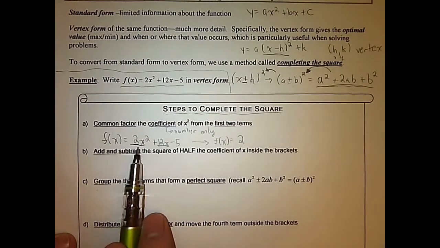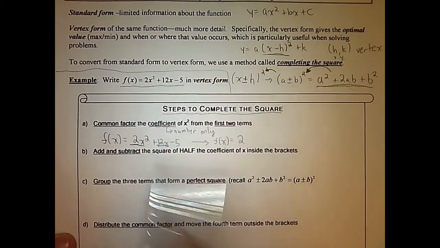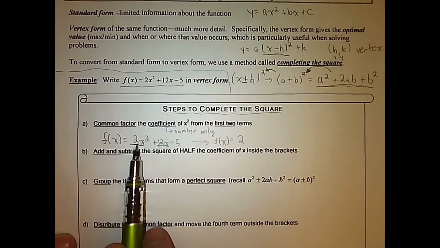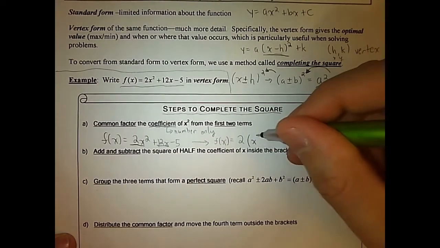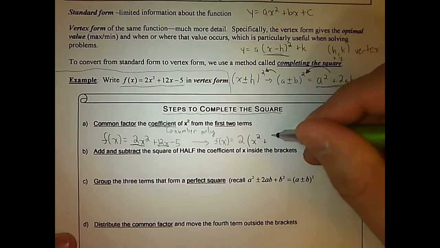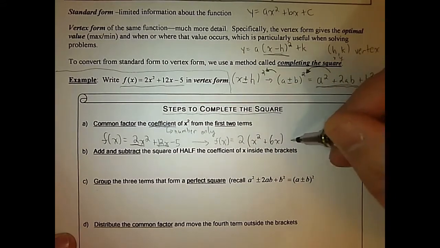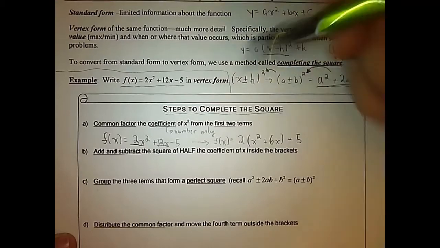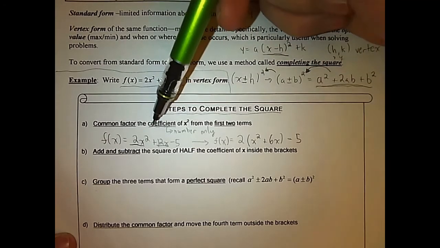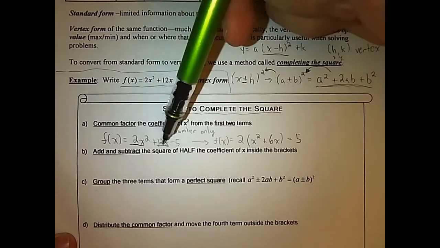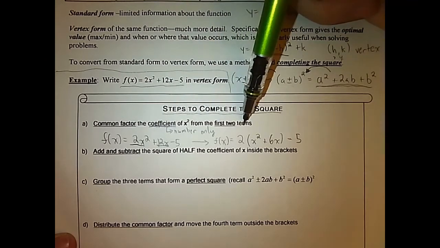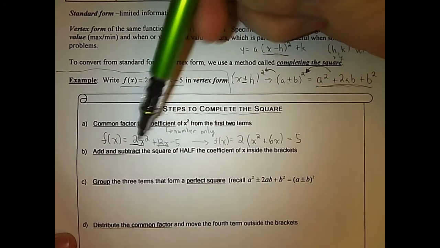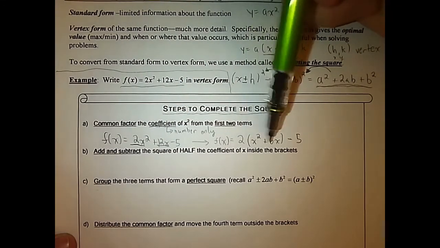Because I can divide this one by 2 and I can divide this one by 2. And I can't do anything higher than that because the biggest one is 2 here. So I'm going to be left with x squared plus 6x minus 5. So I just common factored the coefficient, the numbers only, of x squared from the first two terms. So the first two were these two, I just common factored the number out of these two.